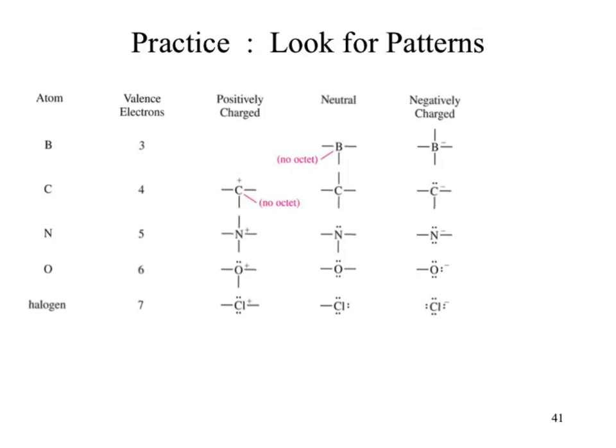Maybe you forgot the positive charge, or maybe there's a hydrogen there. That allows you to go back and more critically evaluate what you drew to identify the correct position. Same deal applies for the neutral states and for the negatively charged states.